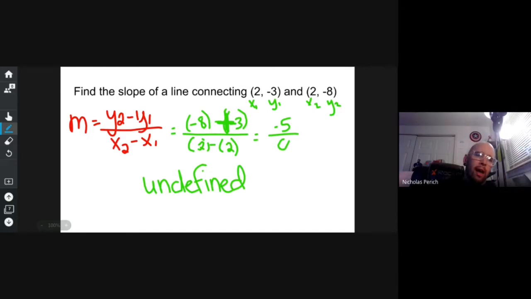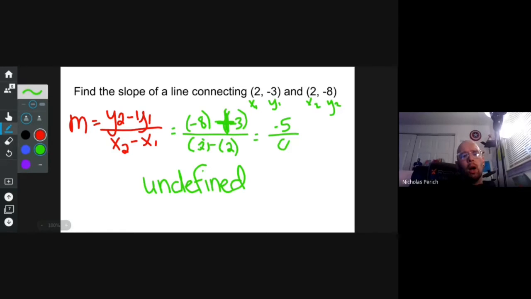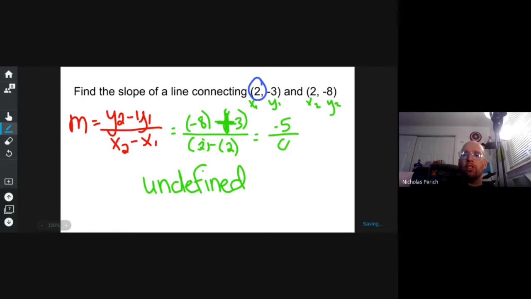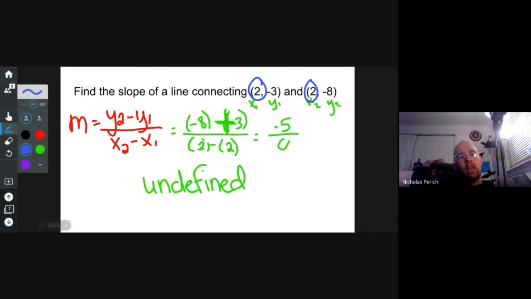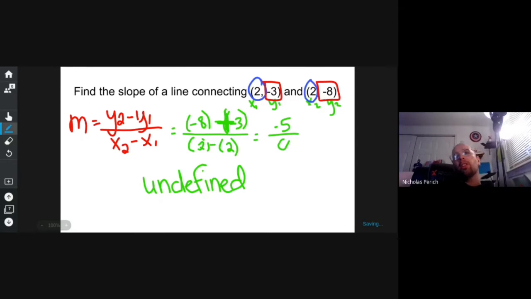Now, fun fact. If I give you a slope formula type problem like this, and the problem is, look at these 2 points, find the slope. If the x's are the same, you could stop and just say undefined. If the y's are the same, you could just stop and say 0. But that's not the case here.